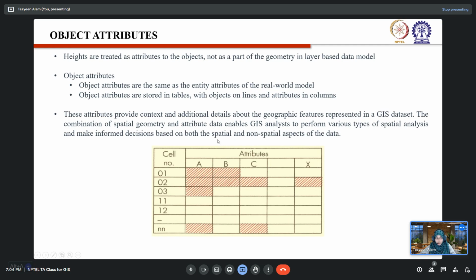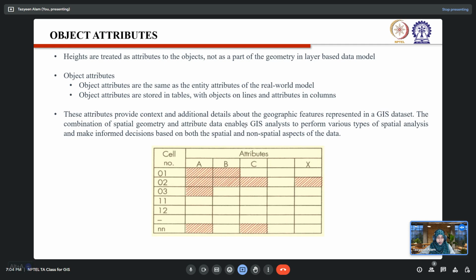Now, the combination of spatial geometry and attribute data is what enables GIS analysts to perform different types of spatial analysis. It is not possible to have just a single spatial geometry or just the attribute data. There always has to be a combination of both because they are incomplete without each other.